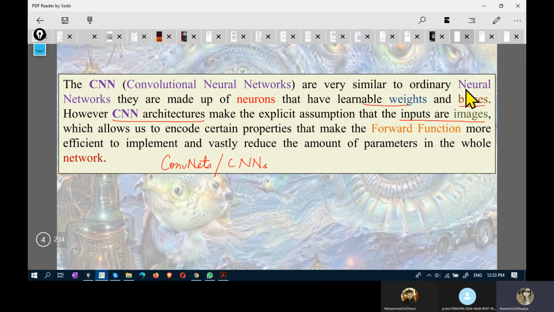Regular neural networks are designed for any kind of input. Sometimes they are not efficient for images. Therefore, CNN architecture was developed exclusively for images. However, these days you apply CNN onto text and other types of sequence data as well. The original idea for having CNN architecture was to operate on images.